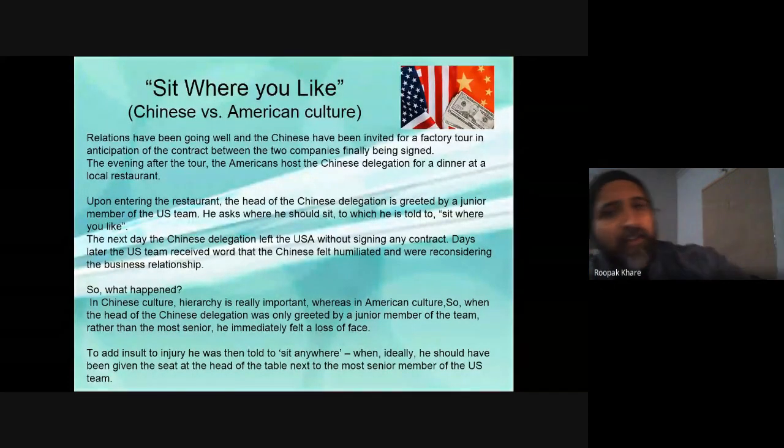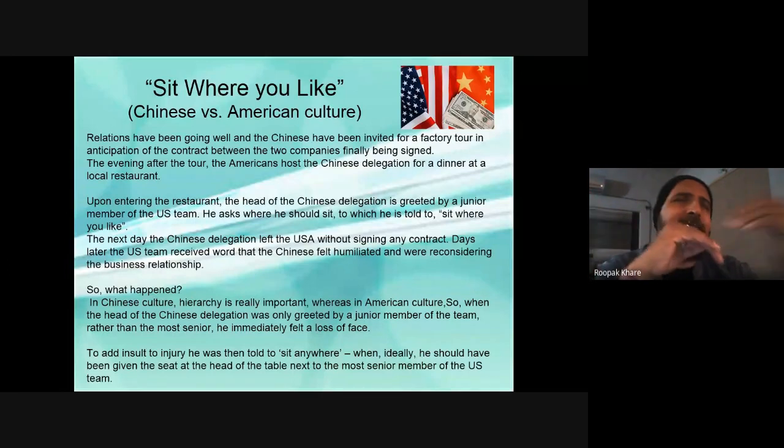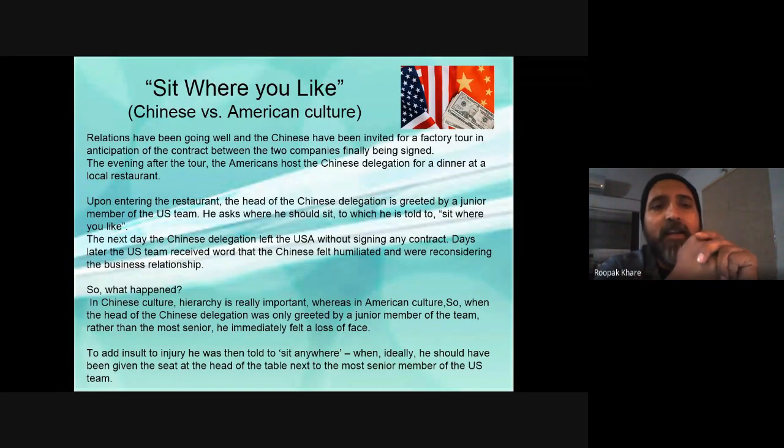So there is an American company and a Chinese company, and they were in discussion about a deal. The Chinese company officials were invited by the American company officials to come and visit their office and factory. So the group of Chinese representatives go to America.